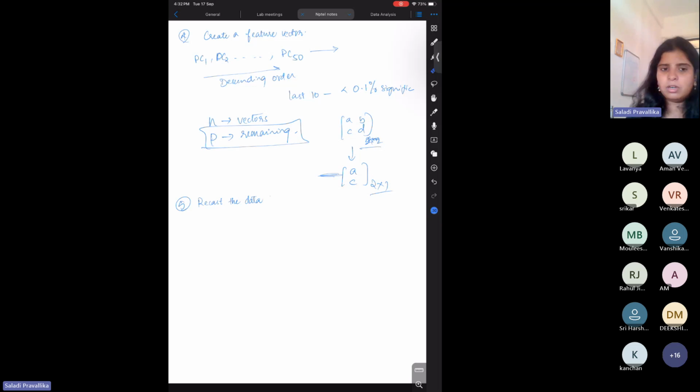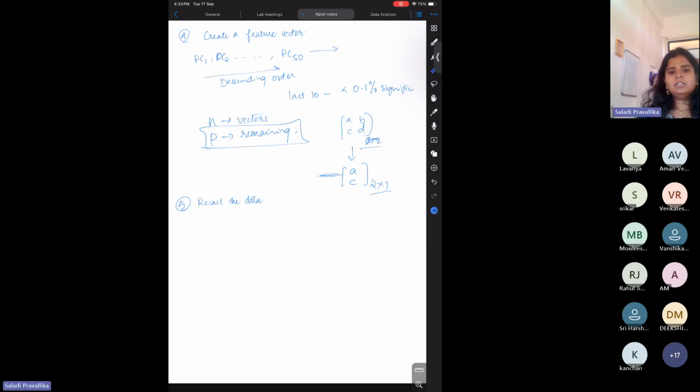So in this final step, we aim to use the feature vector formed using the eigenvectors of the covariance matrix to reorient the data from the original axis to the ones represented by the principal components.